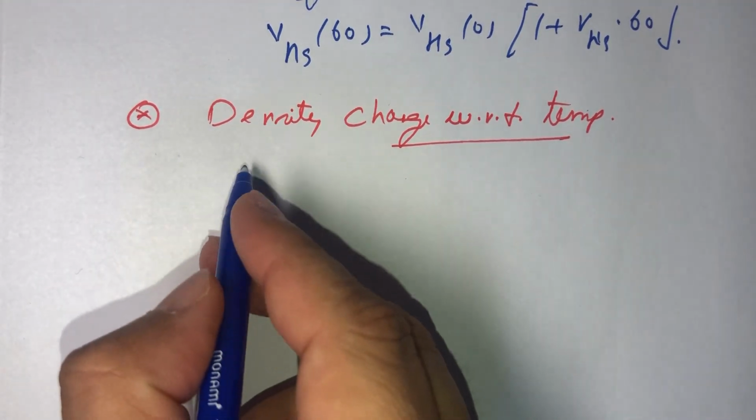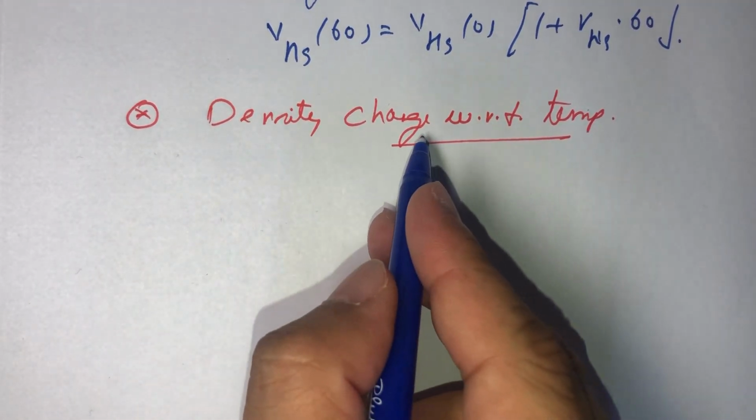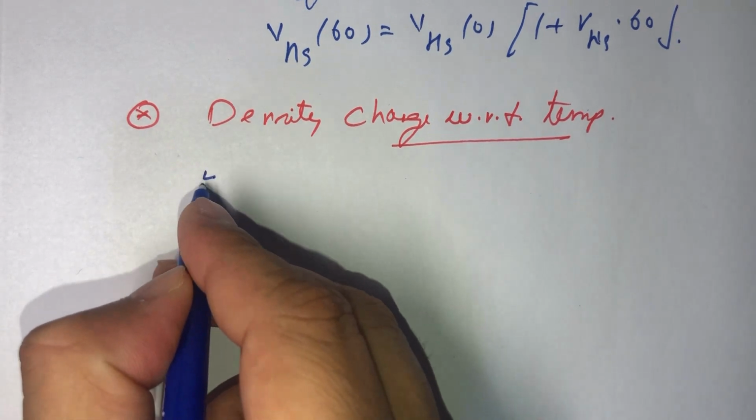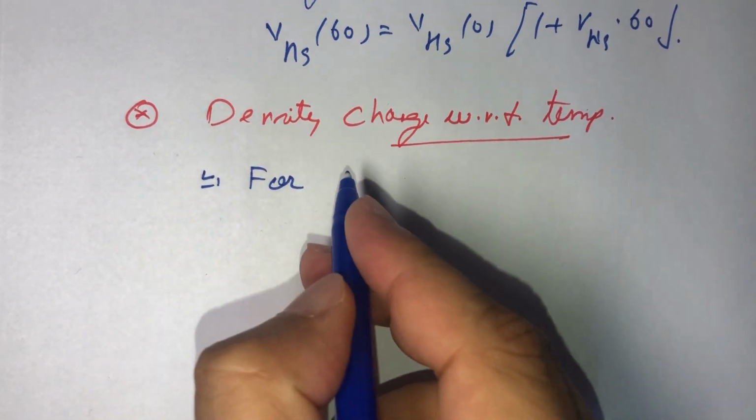So we can find out the density change with respect to temperature for iron.